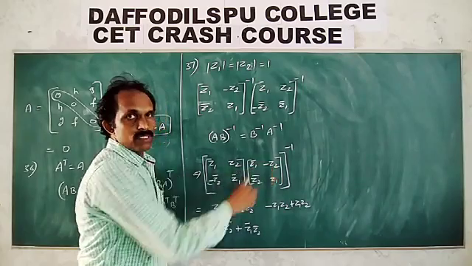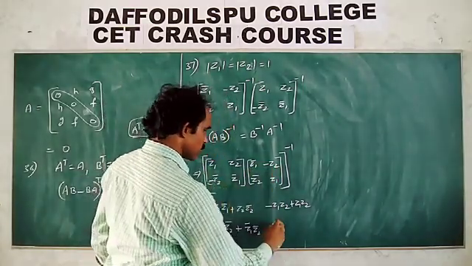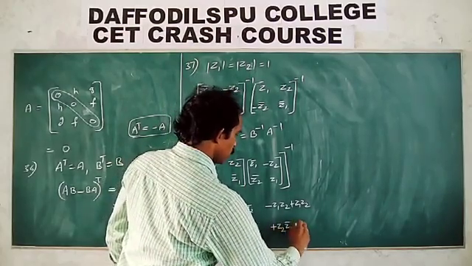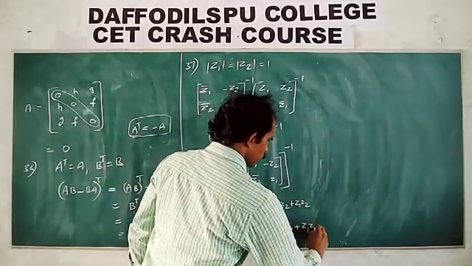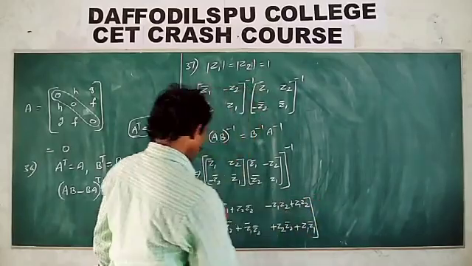Second row, second column: minus into minus plus, Z2 into Z2 bar plus Z1 into Z1 bar, whole inverse.